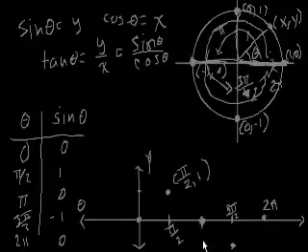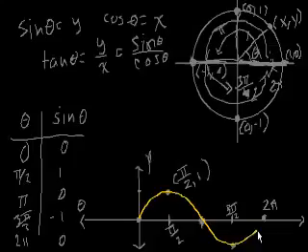So we know that these points are on the graph of sine of theta. And if you tried the points in between, as an exercise, it might be interesting for you to do so. You could figure out a lot of the points using 30, 60, 90 triangles, or using the Pythagorean theorem. But you actually get a graph that looks something like this.